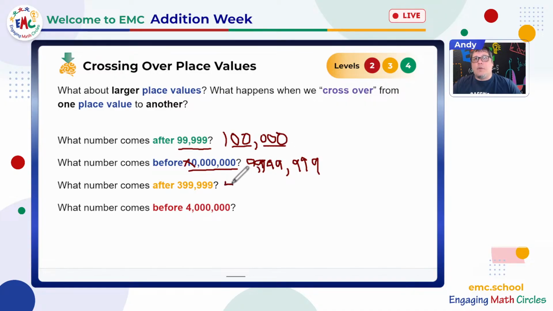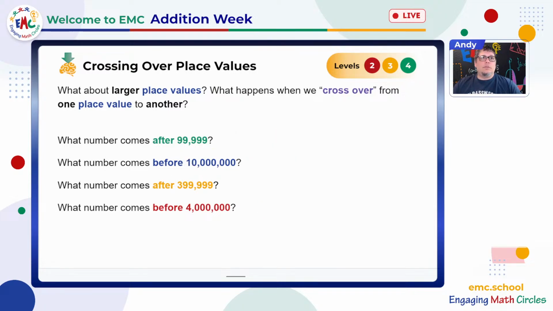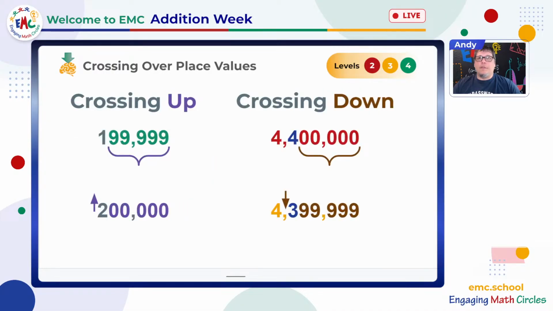Okay, we go up to 400,000. And we go down to 3,999,999. Okay. So the rule, if you're one of those people that needs a rule because it's still confusing: when you cross up, all the 9s turn into 0s.